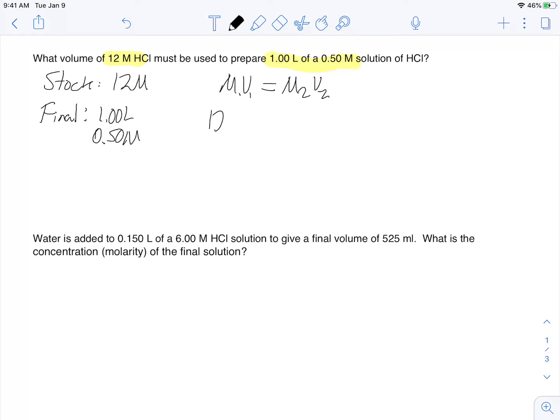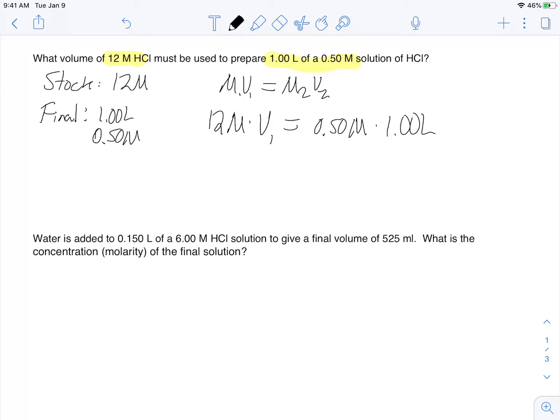So M1, I know it's 12 molar, multiplied by V1. I don't know what V1 is at this point. M2, 0.50 molar. V2 is going to be 1 liter.